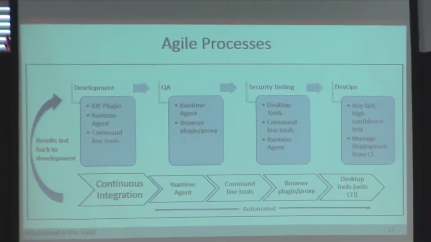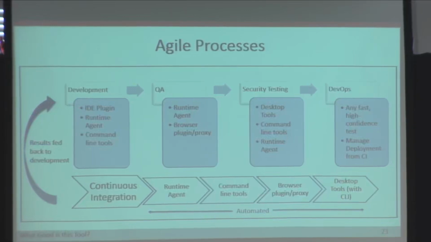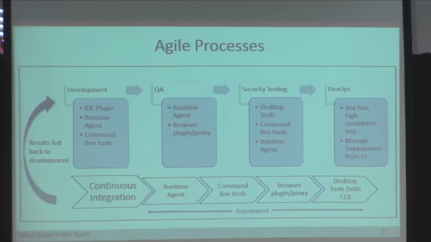So you get the static analysis results. Then the application is built and a VM is started up. This is where your DevOps team comes in. Your DevOps team can help you manage the deployment of this new build to a testing server.